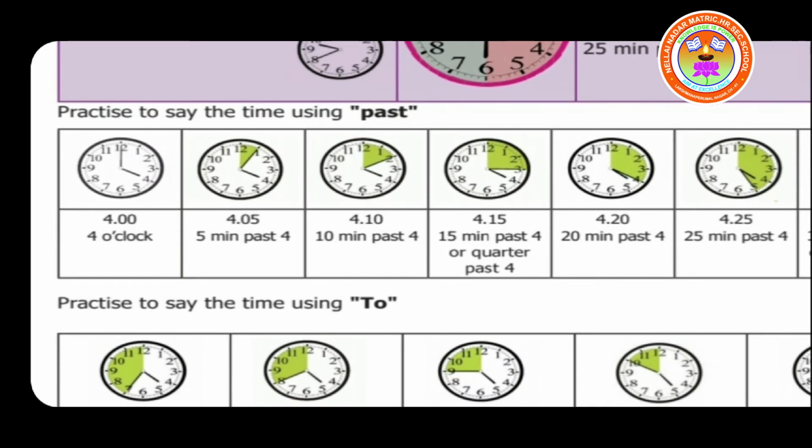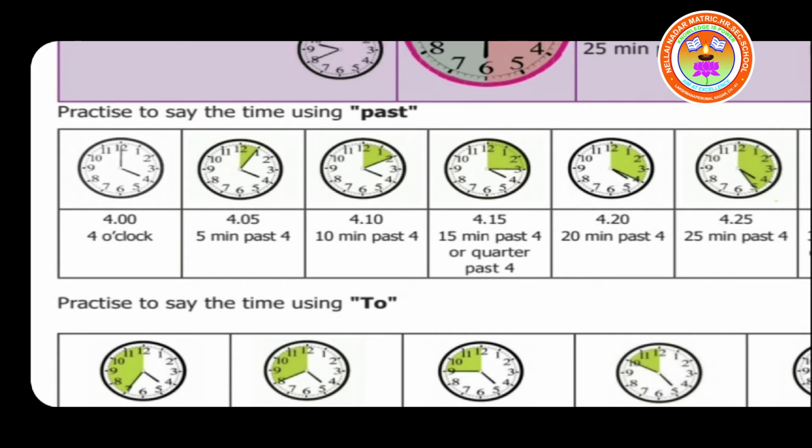In the second one you can see 4:05. Past means it is over, that is 5 minutes past 4, 4:05. So 5 minutes past means 5 minutes are over, and the time is now 4:05. By using past you can say it like that.